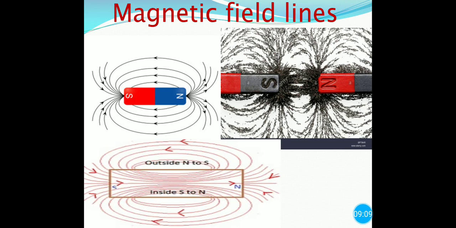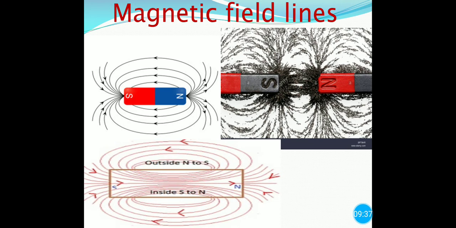The point, surface, or region where the number of magnetic field lines is more, there is a strong magnetic field, and the point or region where the number of magnetic field lines is less, there is a weak magnetic field.